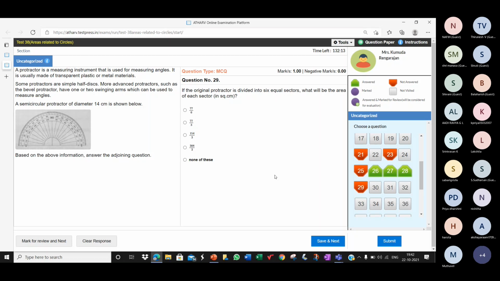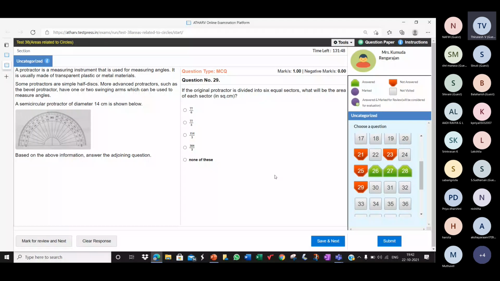Answer this. We already found the area of the protractor, right? If the original protractor is divided into 6 equal sectors, what will be the area of each sector in square centimeter? You already have the area of the protractor, so you can find it easily. 77 by 6.